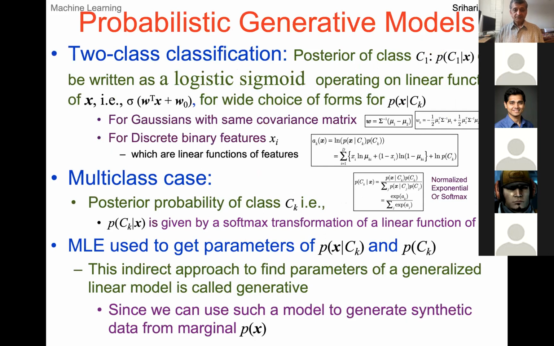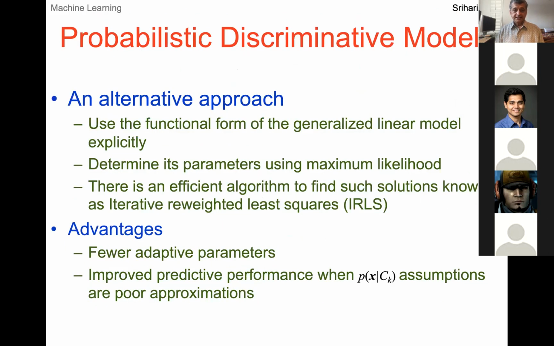We just saw probabilistic generative models. I'm going to skip this slide. So the probabilistic discriminative models are an alternative approach. Use the functional form of the generalized linear model explicitly. That generalized linear model we just saw, which involved magically converting the distributions to sigmoids.